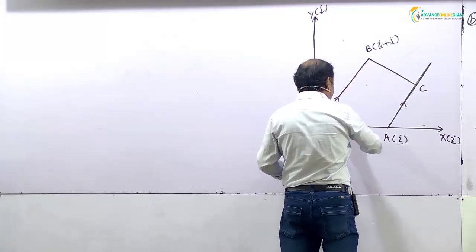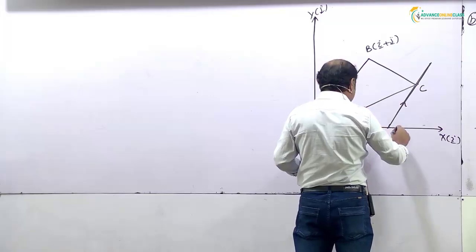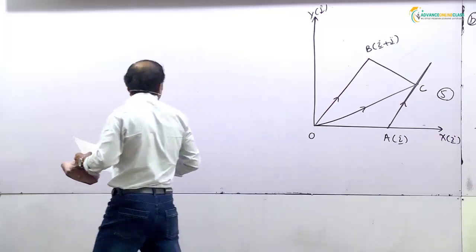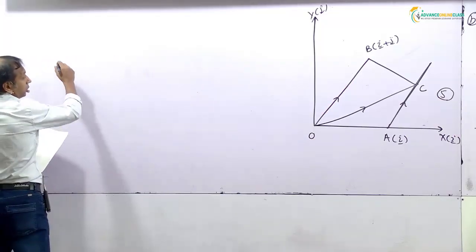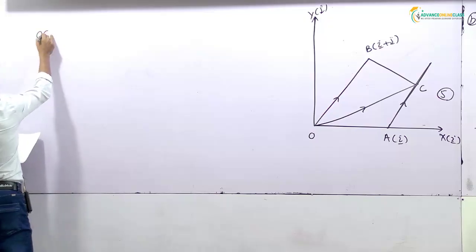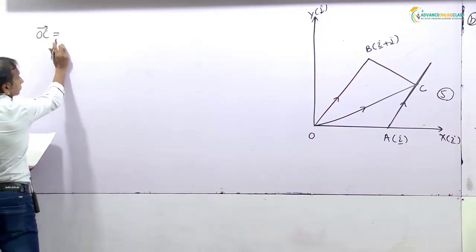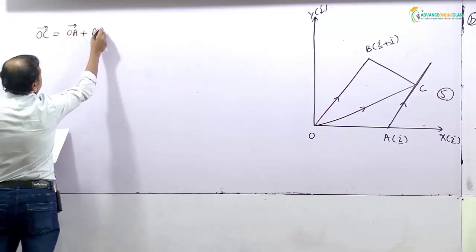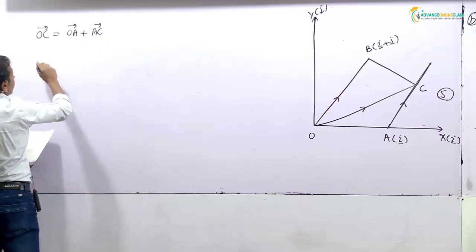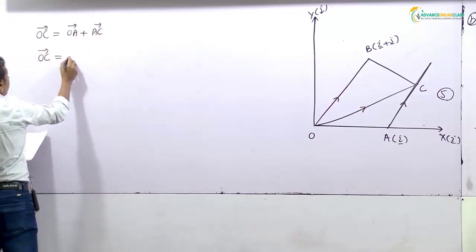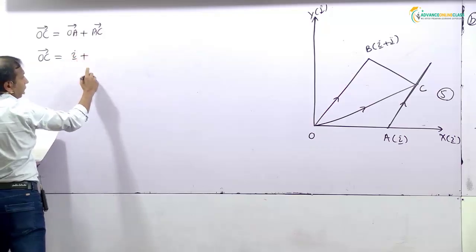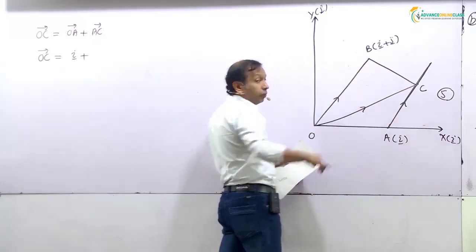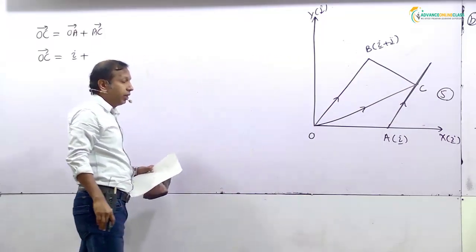I can write OC here. The diagram gets 5 marks. We can write the OC vector as the OA vector plus the AC vector. The OA vector is simply i. The AC vector is parallel to OB, therefore I can write AC as lambda times OB.